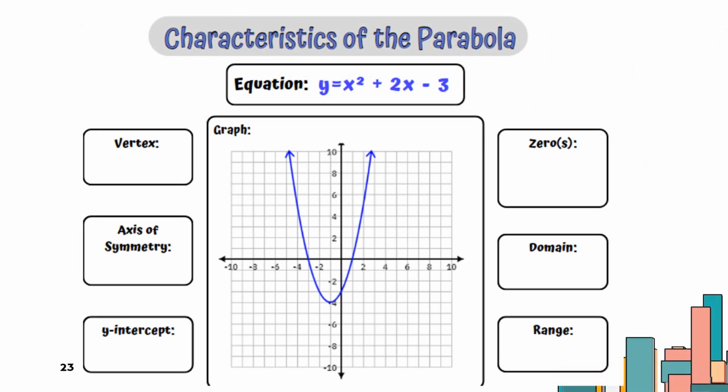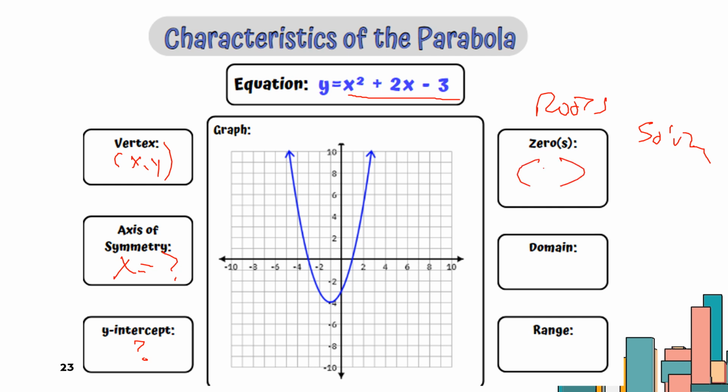We've got another one. It's x squared plus 2x minus 3. So find your vertex, your axis of symmetry, your y-intercept, your solutions, your roots, your zeros, your domain, and what's your possible answers.